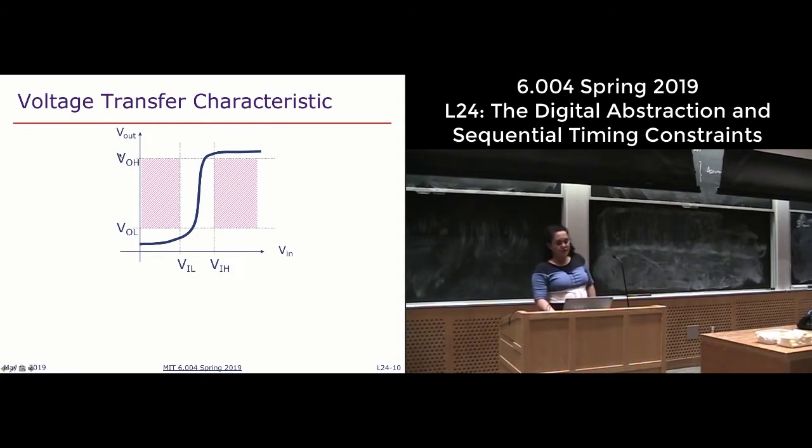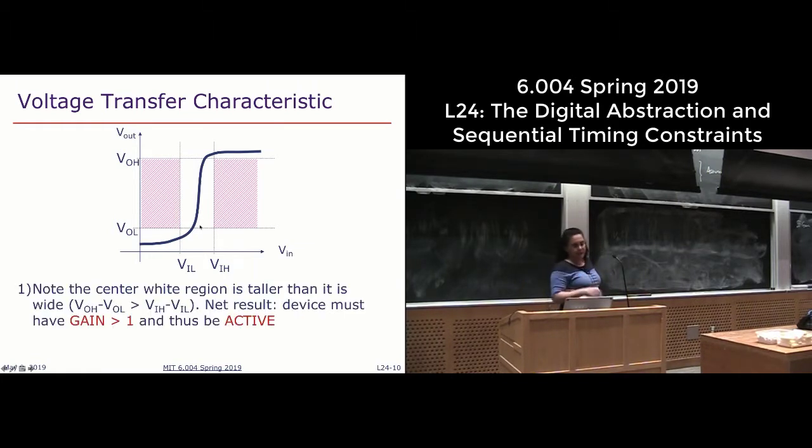By definition, there's going to be more space between VOH and VOL than between VIL and VIH. So what does this mean? It means that I have a slope that's greater than 1 in absolute value. In other words, I have a gain, and as we mentioned before, this has to make use of an active component in order to achieve that gain.